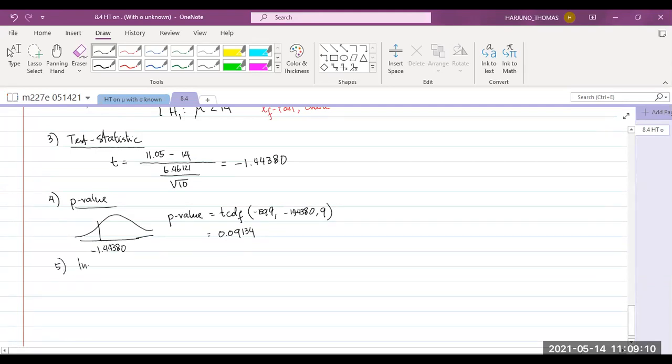So informal conclusion: fail to reject null hypothesis. Step 6, conclusion.